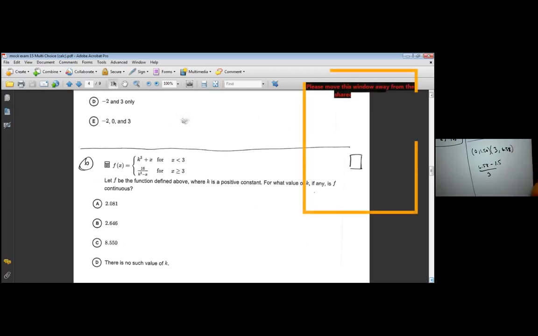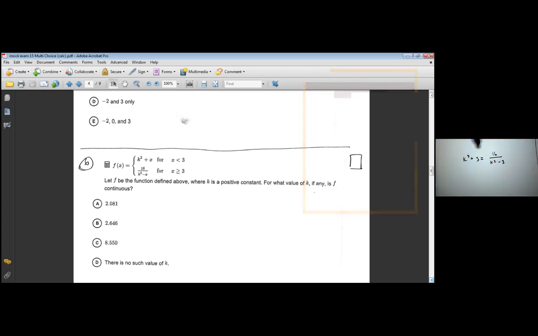That's what would make it continuous, right? That's going to be K to the 3rd plus 3 is equal to 16 over K squared minus 3.